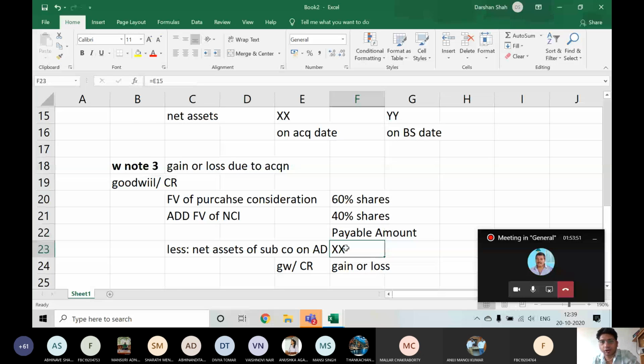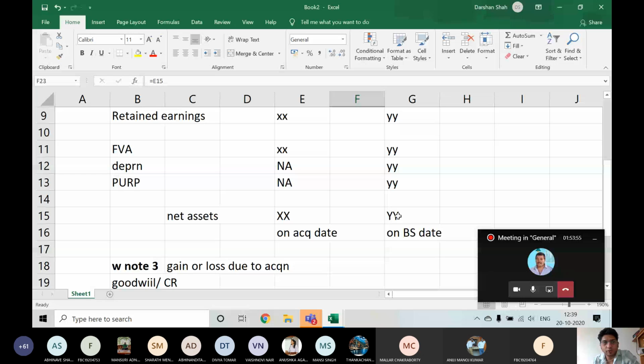The difference between X and Y is nothing but the post acquisition profit or loss.